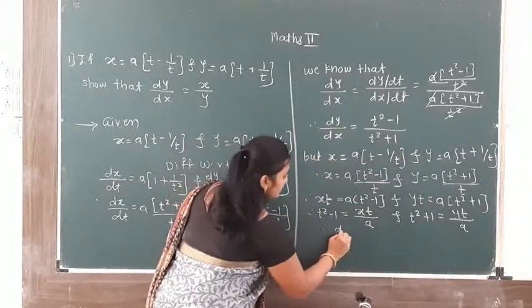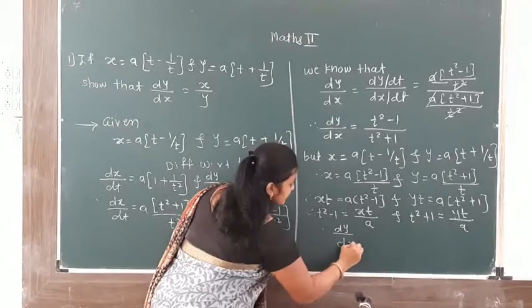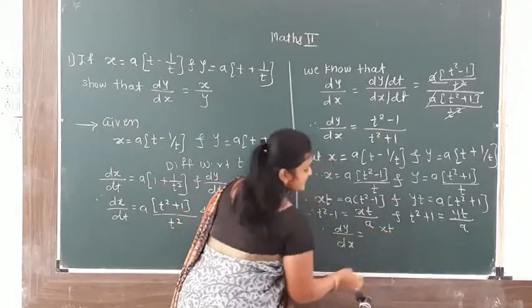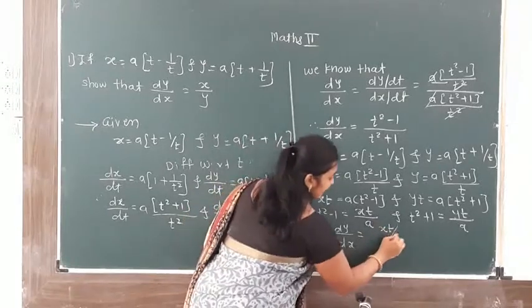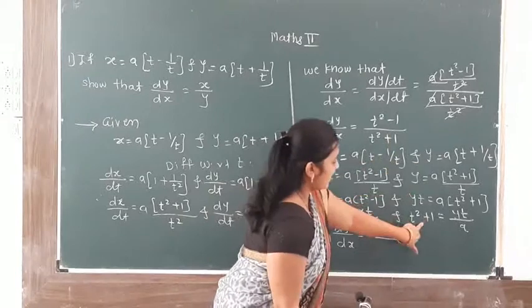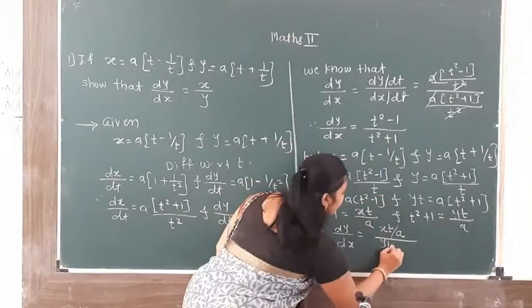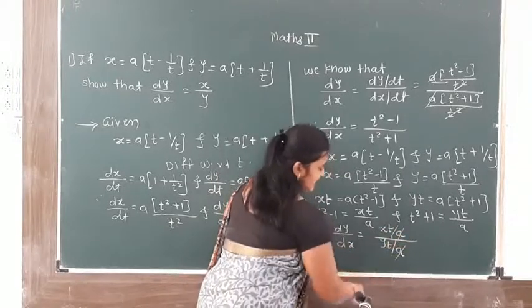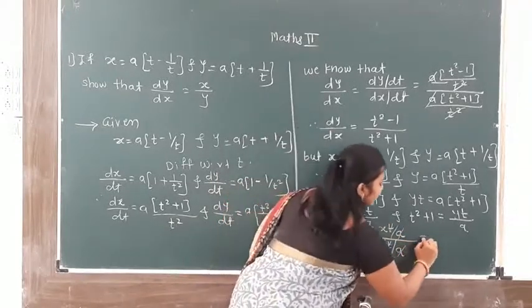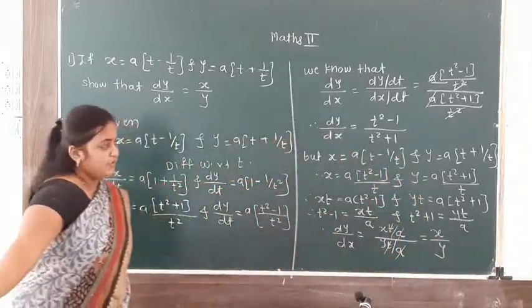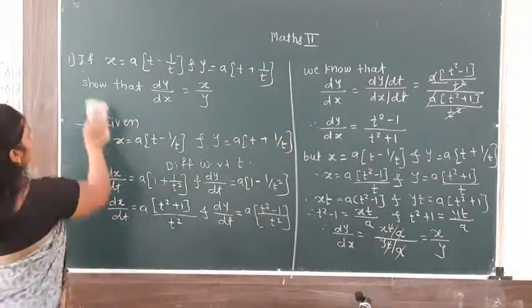So we get dy/dx is equal to (xt/a) divided by (yt/a). Again a is the same, it cancels out, t cancels out. We get the final answer x/y. Now we can solve the next example.